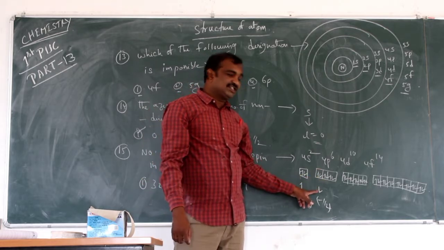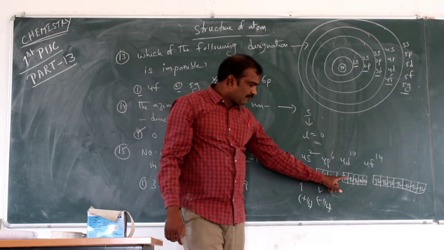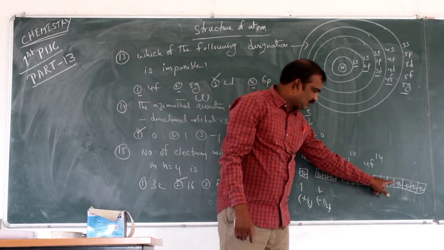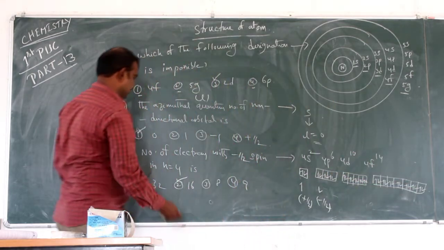How many electrons are in this direction? 1, 2, up to 16. So 16 electrons.